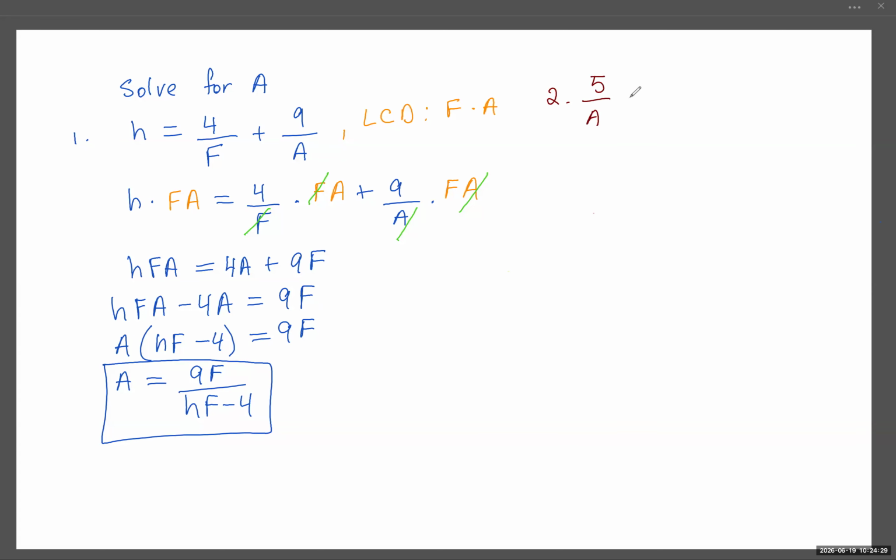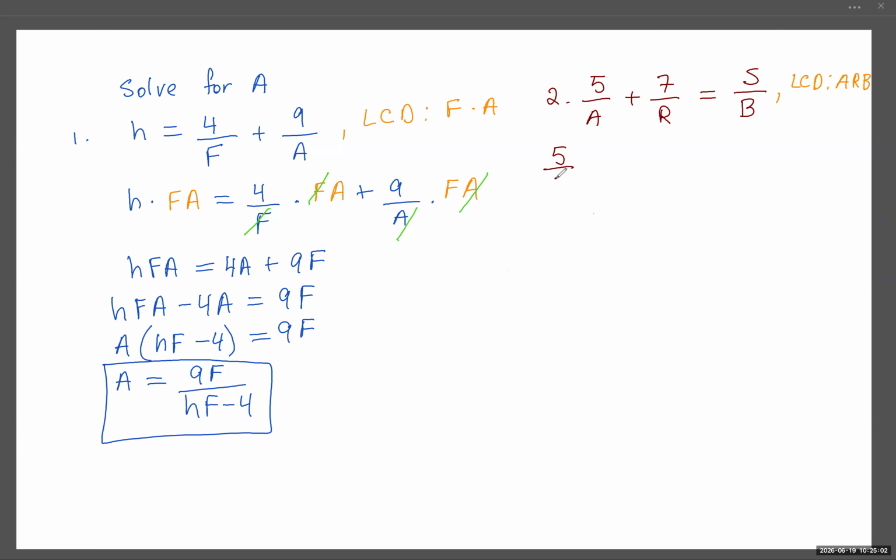5 over A plus 7 over R equals S over B. So 3 different letters in the denominator this time. A is still in the denominator, so we do have to bring it up into the numerator. So the least common denominator on this one is all 3 letters, A, R, B. And let's go ahead and multiply every term by the least common denominator.